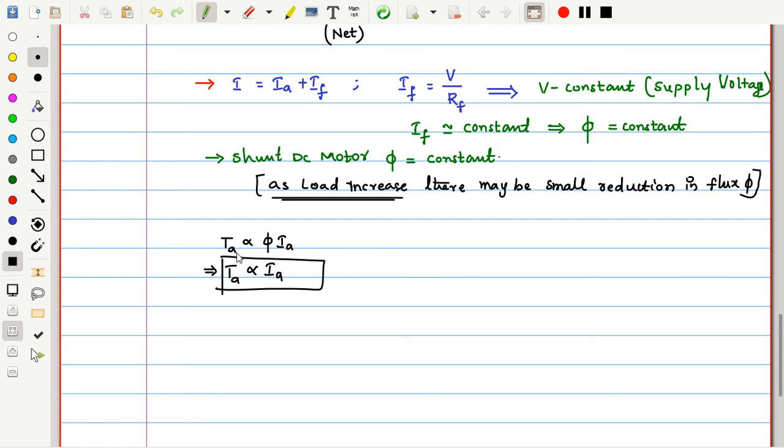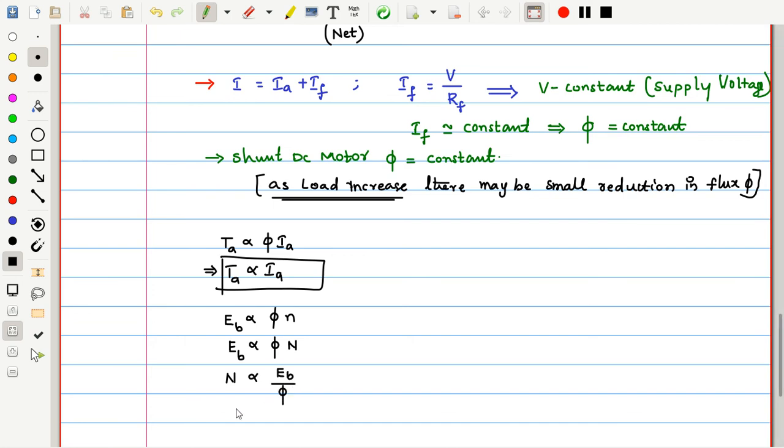This is one expression, and let us see one more, that is the speed. We know from the generator concept that E is proportional to phi into N. Here it is a motor, so Eb is proportional to phi into N. Now the speed, which is important for us, is proportional to Eb by phi.